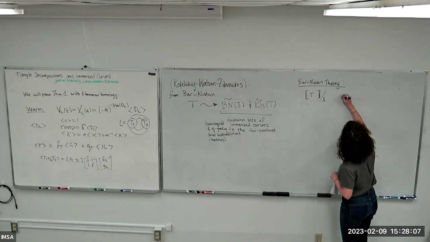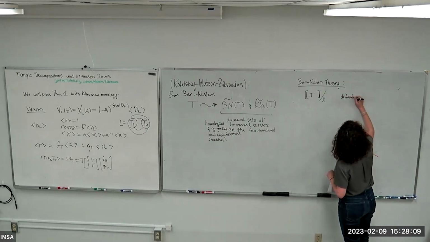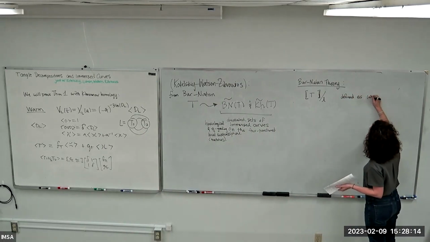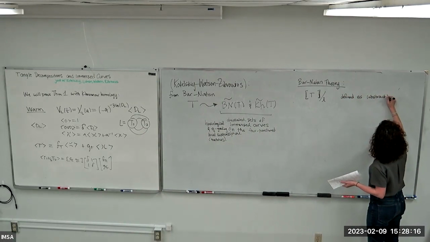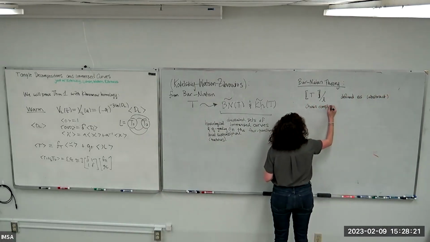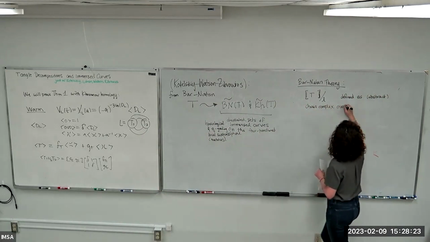And this is defined as an abstract chain complex over a cobordism category.